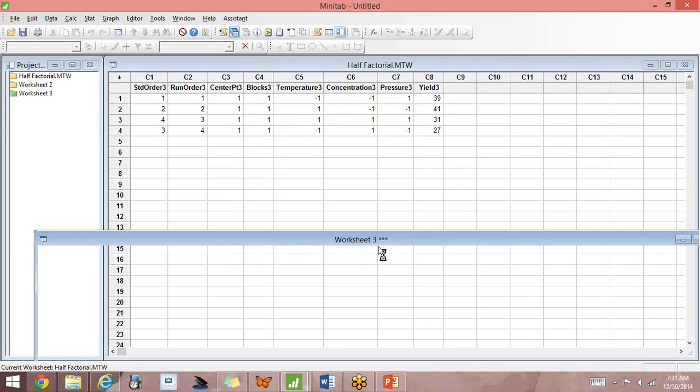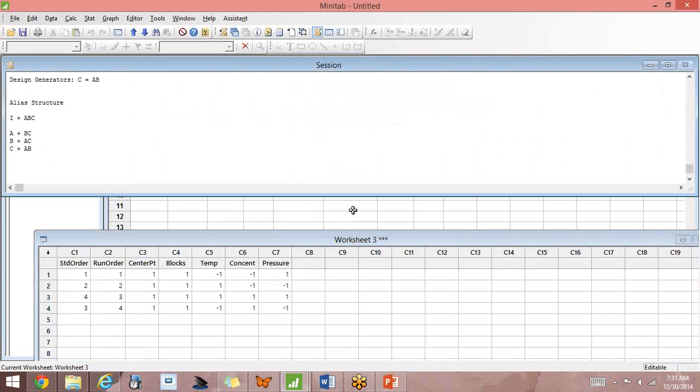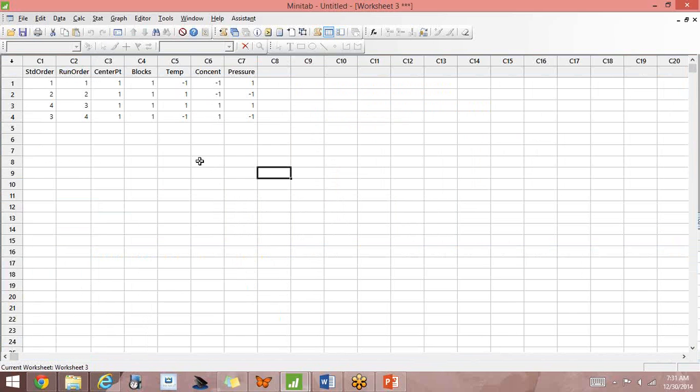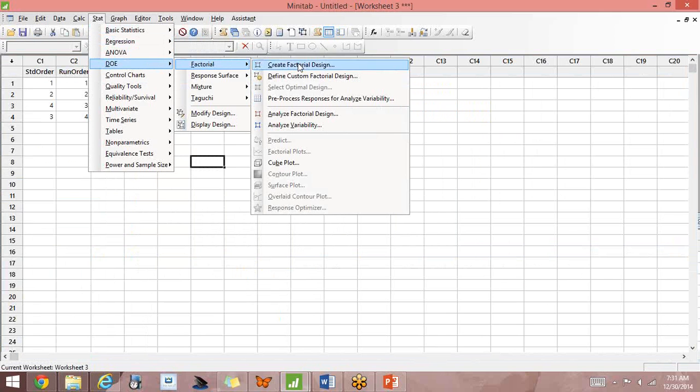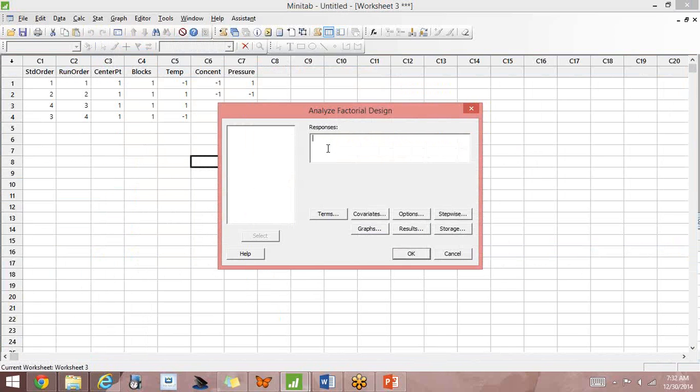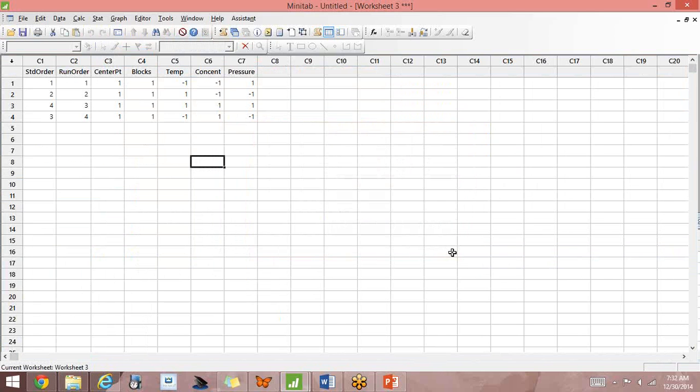All right. Okay, you go to Start, Design of Experiments, Factorial, Analyze Factorial Design. I'm surprised that our response variable yield is not coming up, so I'm not sure what I'm missing here. Just give me a minute.